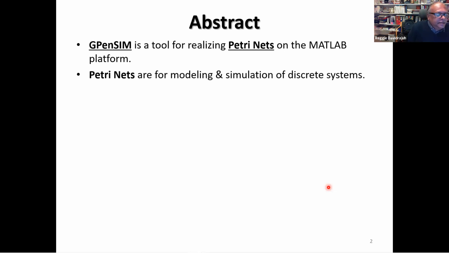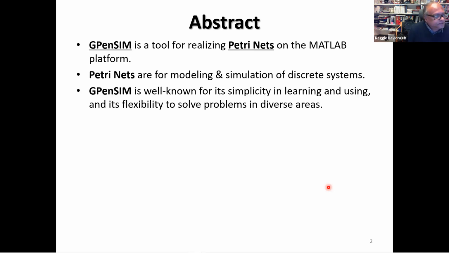Petri nets are very popular for modeling and simulation of discrete systems because Petri nets are graph-based. They are very simple, with a simple linear algebraic mathematical background. GPenSim, my tool, is also well known because it is simple to learn and use, and it is used by many people around the world for modeling discrete systems in diverse areas.